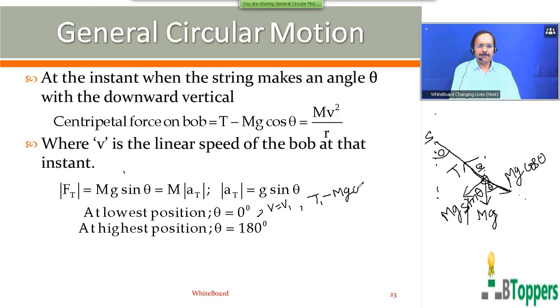So T1 minus mg cos theta equals mv1 square by r, the same equation I have written earlier. At the highest position theta will be 180 degrees, so cos theta will be cos 180 degrees, or minus 1. That is T2 minus mg cos 180 degrees equal to mv2 square by r. T2 is the magnitude of tension in the string at the highest position.